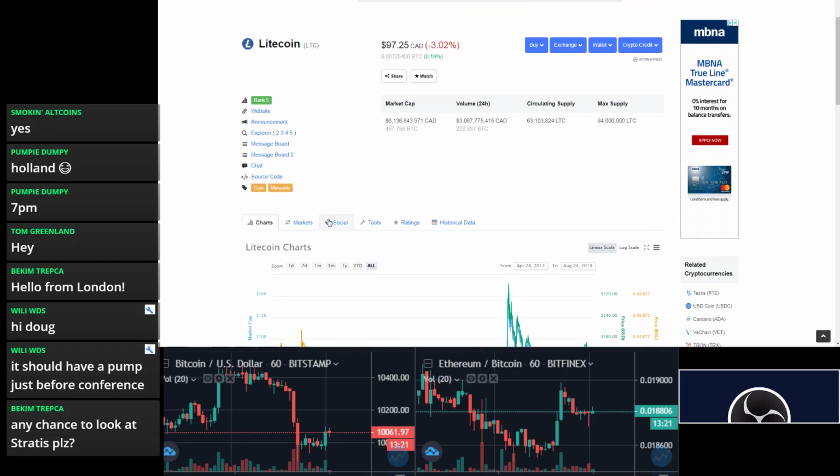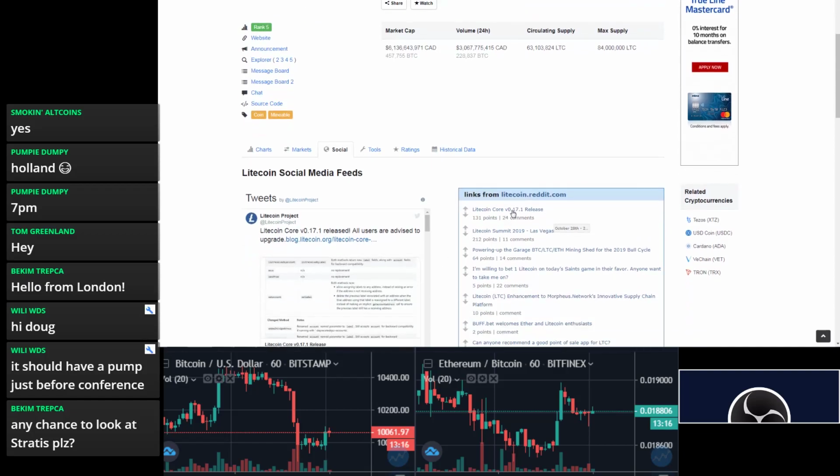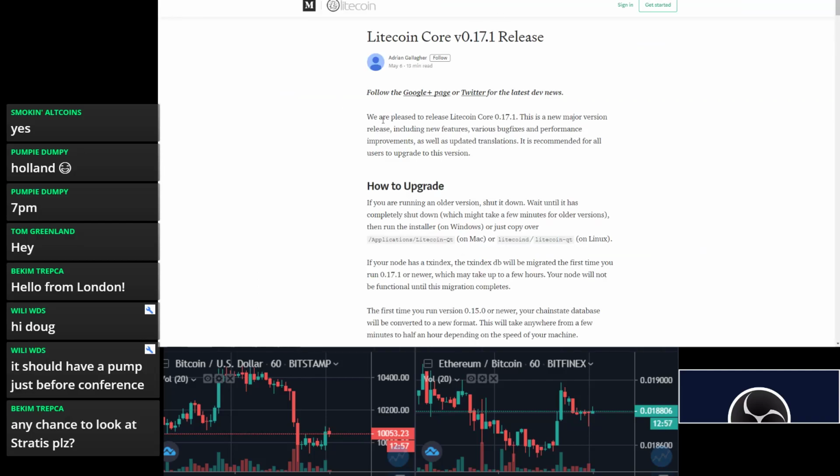Now, Litecoin. I wasn't expecting a Litecoin Core release. October 28th is their... So the core release: new major version, new features, bug fixes, performance improvements, and updated translations.